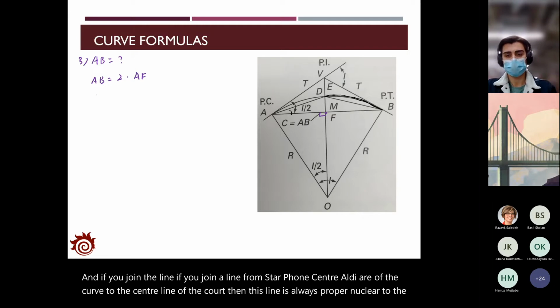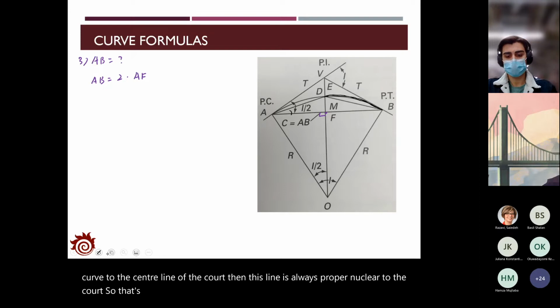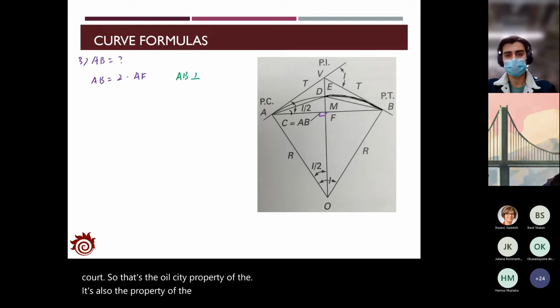That's also a property of the circle. So AB is always perpendicular to the line O to F.